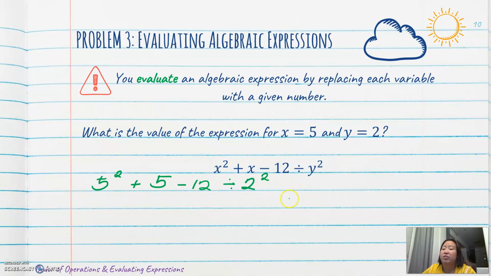And how do we simplify? We use PEMDAS. We do not see any grouping symbol, so let's move to exponents, and we can see that there are two of them. 5 squared is 25, and this will stay as 5 minus 12 divided by 2 squared, which is 4. After parentheses and exponents, we move on to multiplication or division.